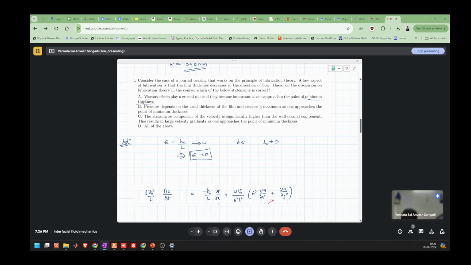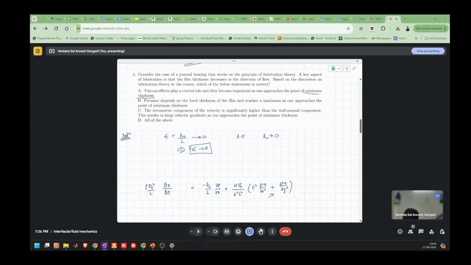So we are talking about effects when epsilon is 0. Then we say that the pressure depends on the local thickness of the film and reaches a maximum as one approaches the point of minimum thickness. So we'll keep in mind that the minimum thickness is referred to as the condition when epsilon is tending towards 0. Then finally, the streamwise component of the velocity is significantly higher than the wall normal component.